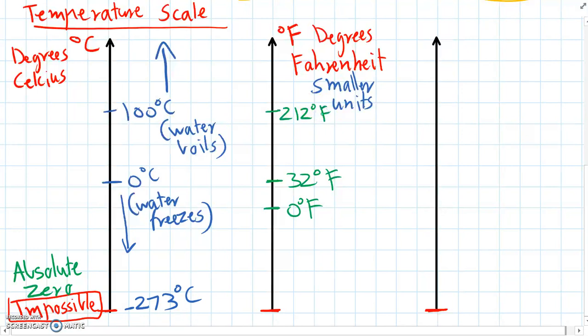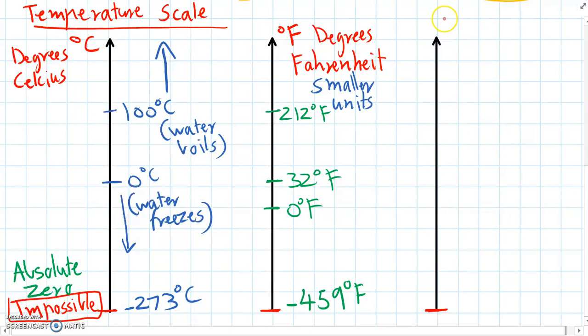So a single degree Fahrenheit is a lot smaller. The units are smaller. And just like on the Celsius scale, there's a minimum possible temperature, which is negative 459 degrees Fahrenheit. And that's absolute zero in Fahrenheit.